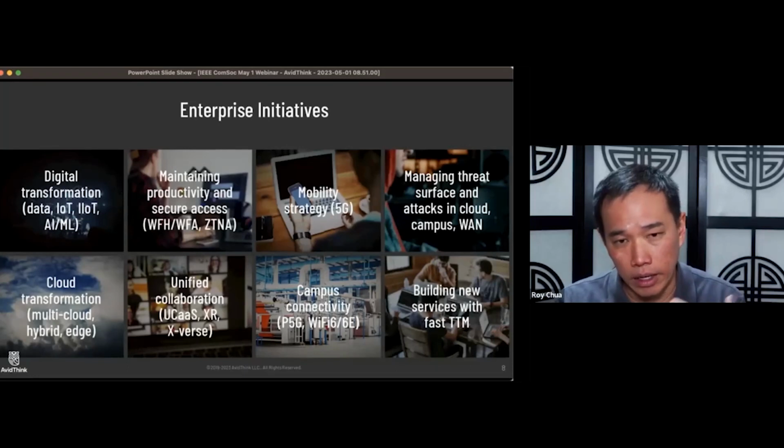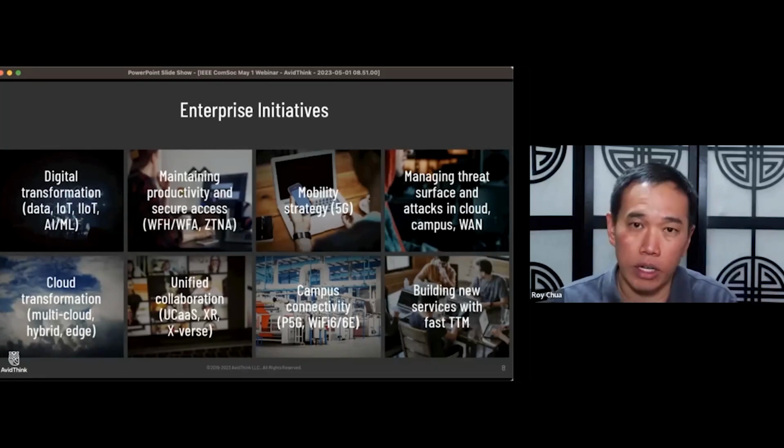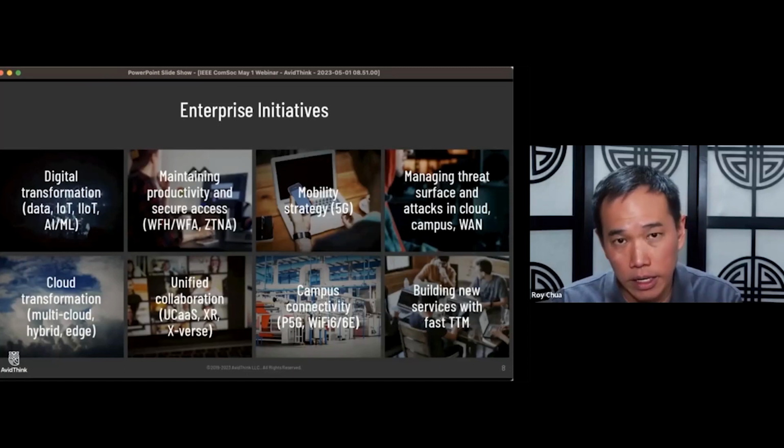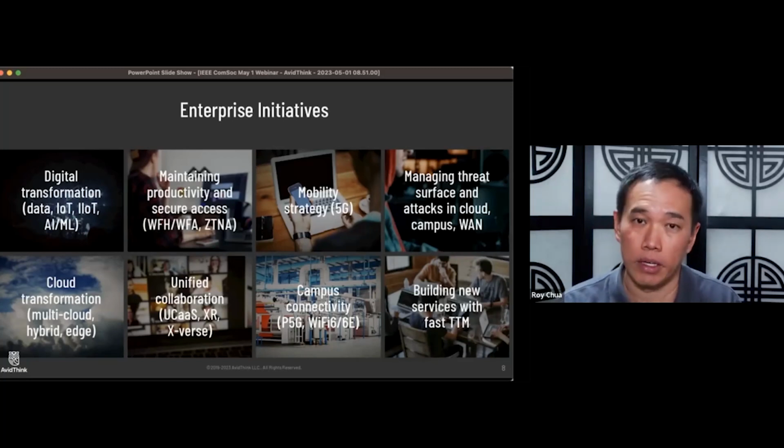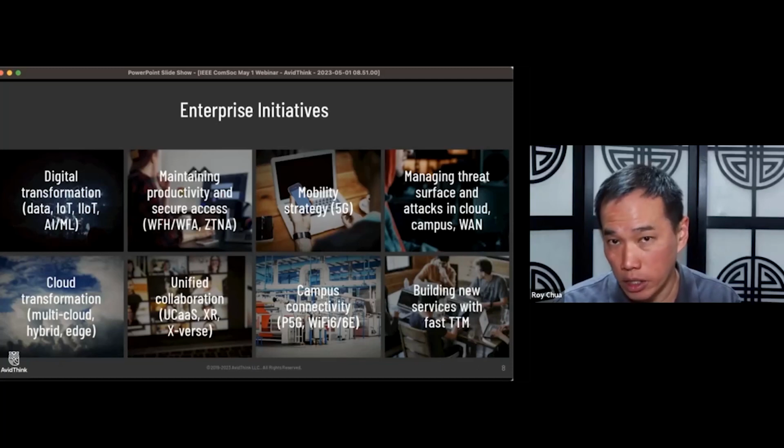And then on the next line there, you see cloud transformation. It's still a thing. People are looking at how to leverage clouds. Many large organizations tend to use multiple clouds because, for various reasons, different departments prefer different clouds that have different services that may be more appropriate for their business needs. Collaboration continues.